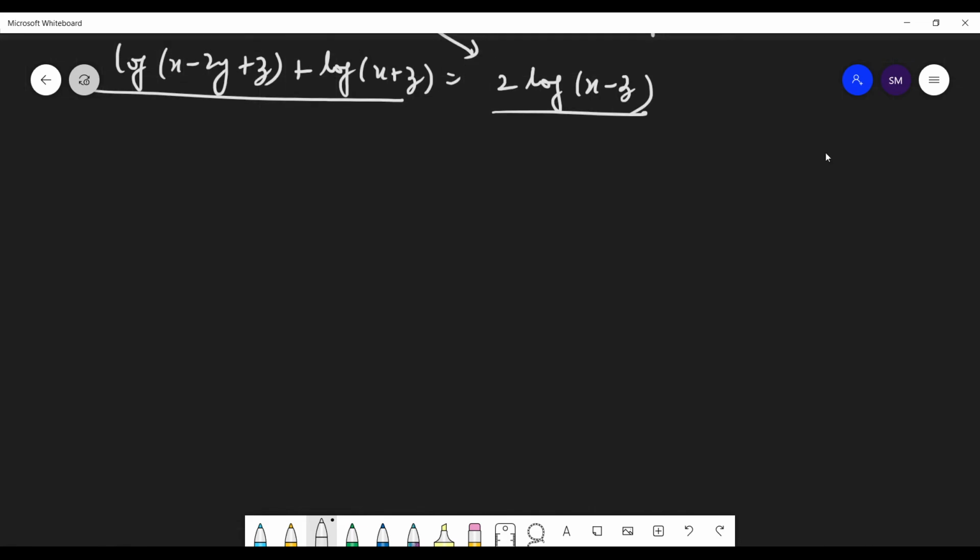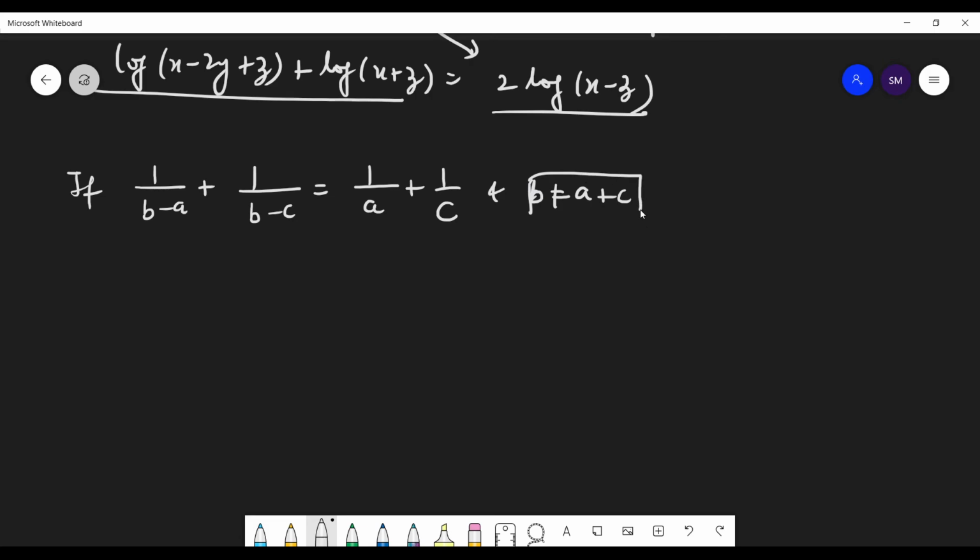So let us take the next question. If 1 by b minus a plus 1 by b minus c equals to 1 upon a plus 1 upon c, and b is not equal to a plus c, okay, then a, b, c are in AP or GP or HP.